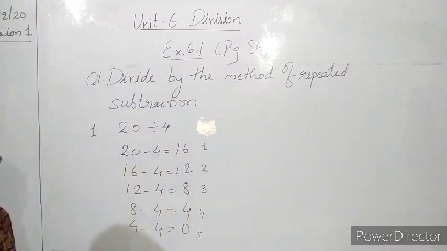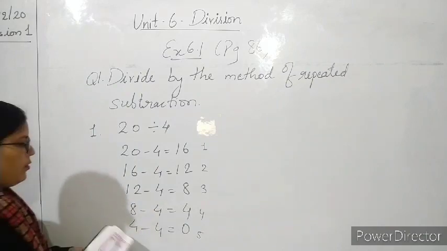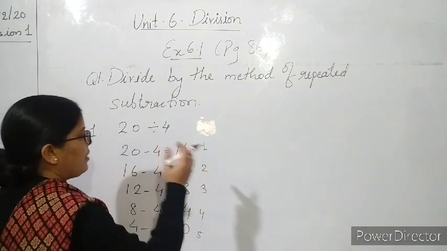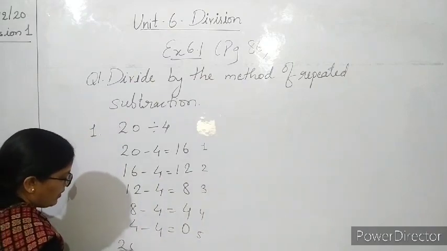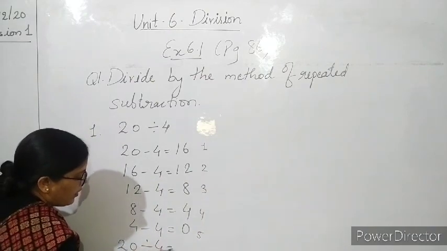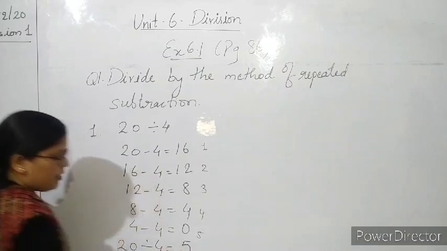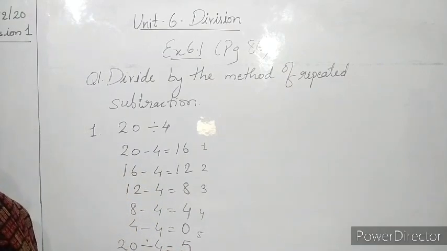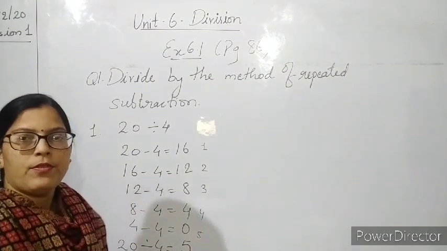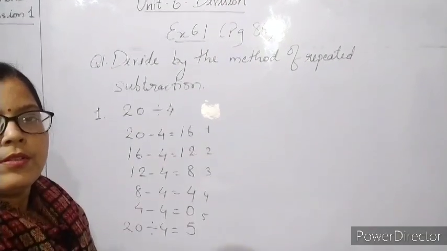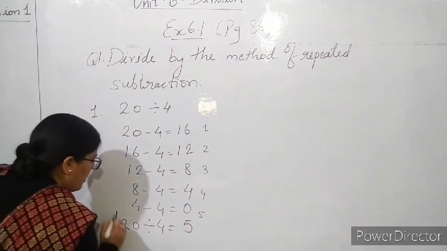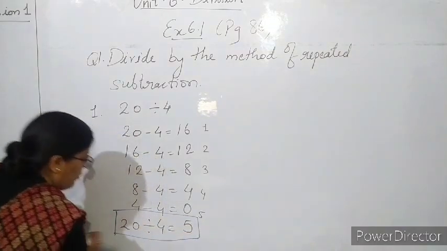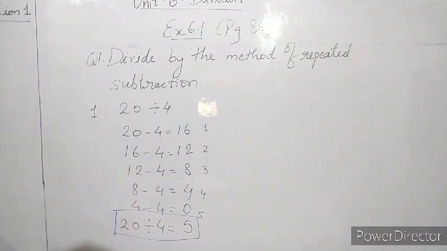We have subtracted 4 from 20 five times. So what is 20 divided by 4? 20 divided by 4 is equal to 5. This is your answer.